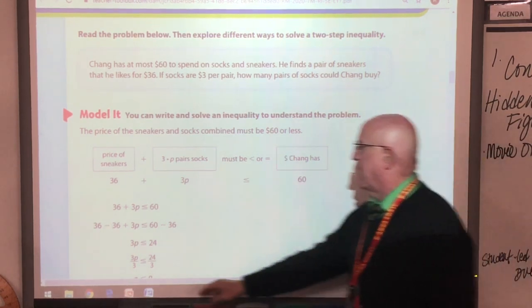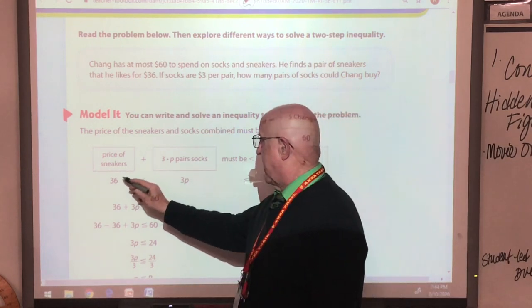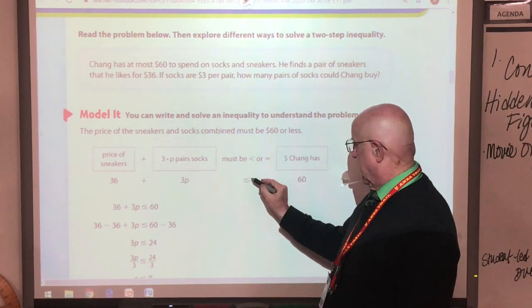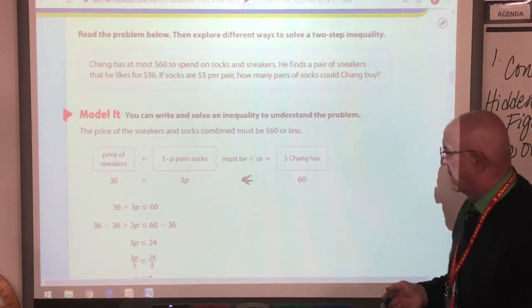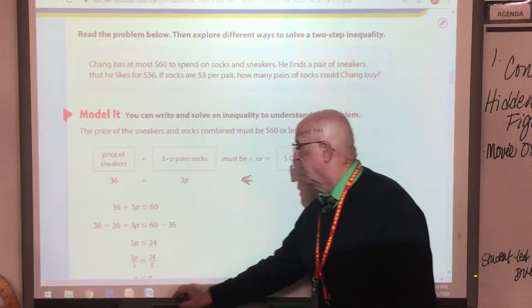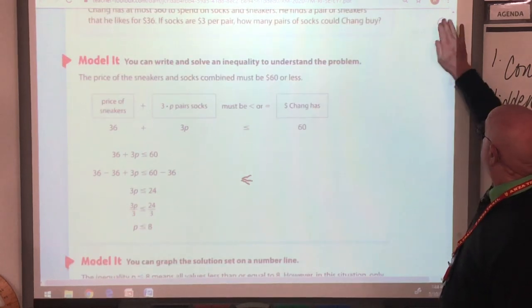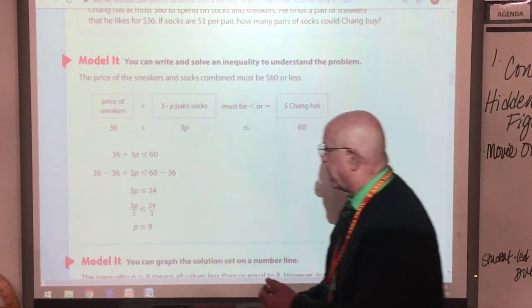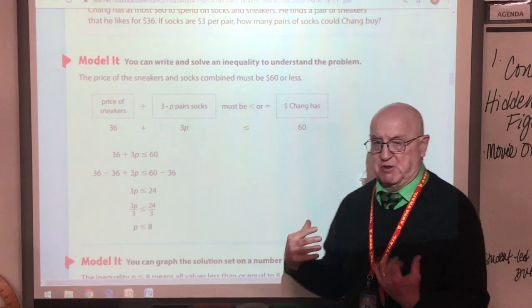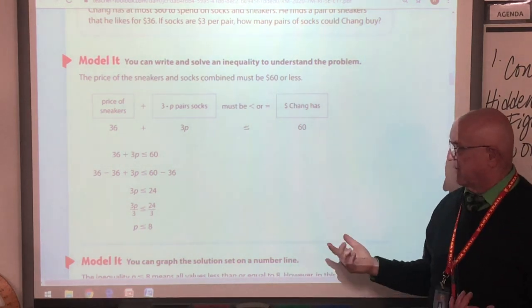So in this spot right here, down here, we'll have 36 plus 3P and the less than or equal to sign, and $60. Now, algebraically, we would do that by writing the equation 36 plus 3P is less than or equal to 60.